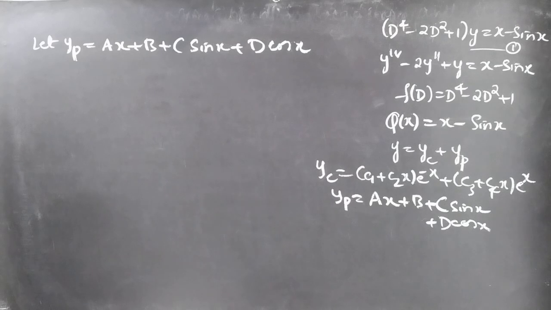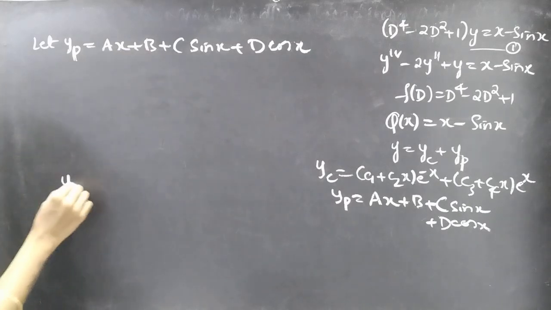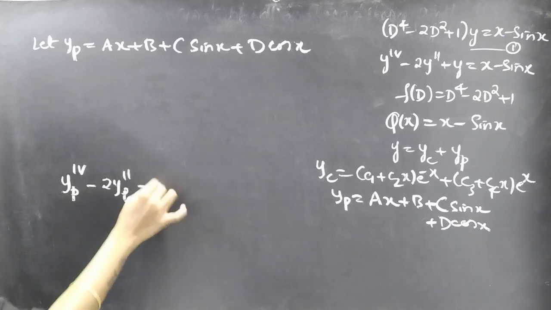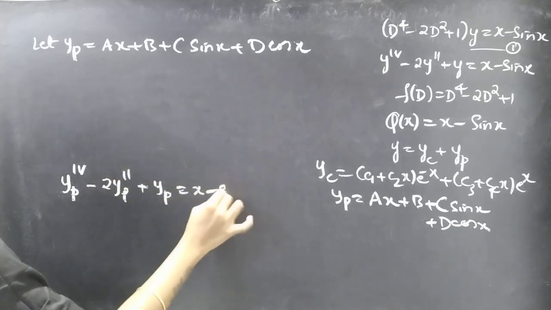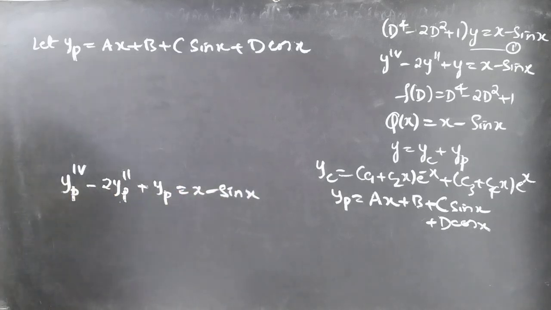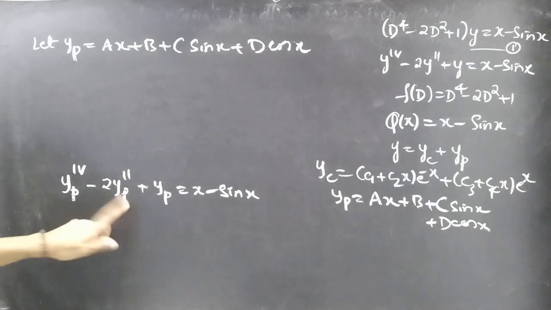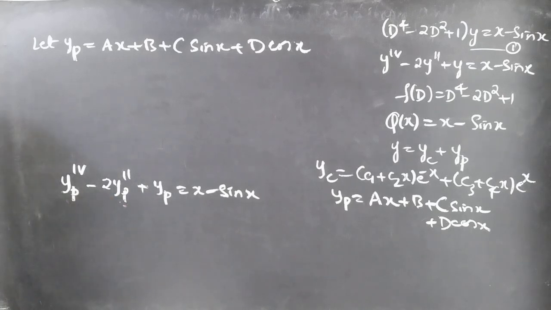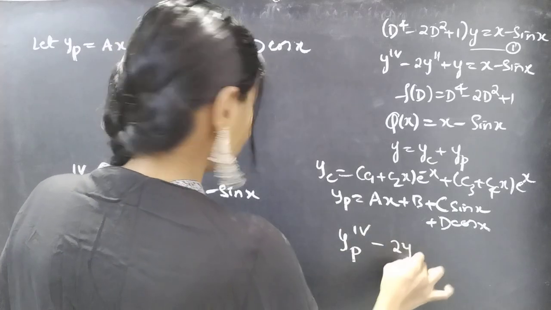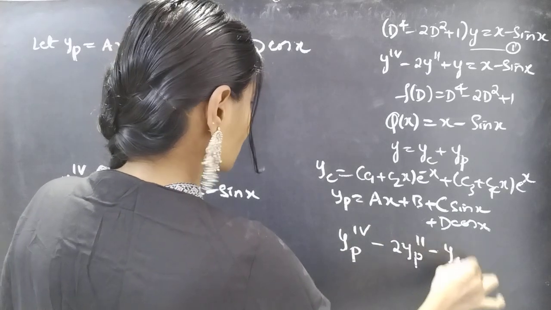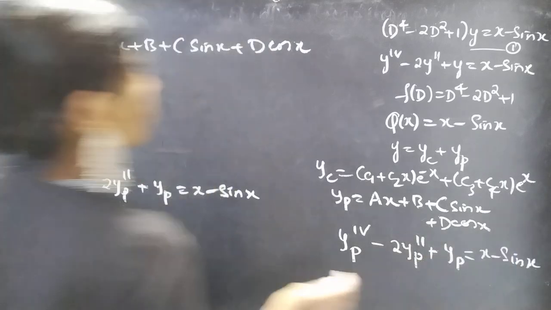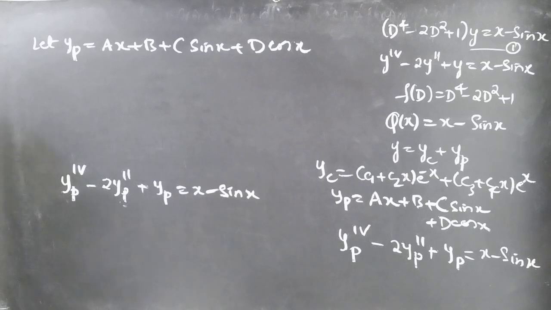Since yp satisfies the given equation, we can write the given differential equation in terms of yp, with yp dash, yp double dash and yp power 4.